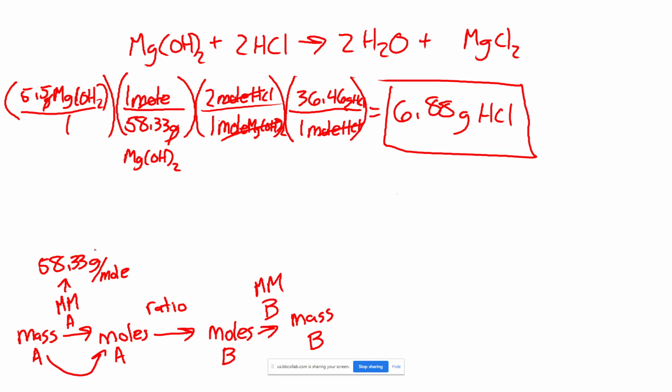If we wanted to find the theoretical yield of magnesium chloride, given that magnesium hydroxide was the limiting reactant, it would be essentially the same type of thing here. We would start out with 5.5 grams of the magnesium hydroxide. We would convert that to moles.